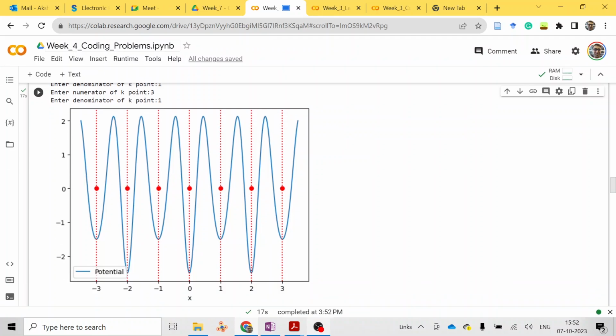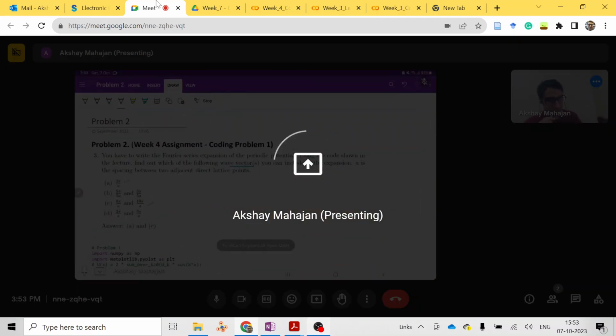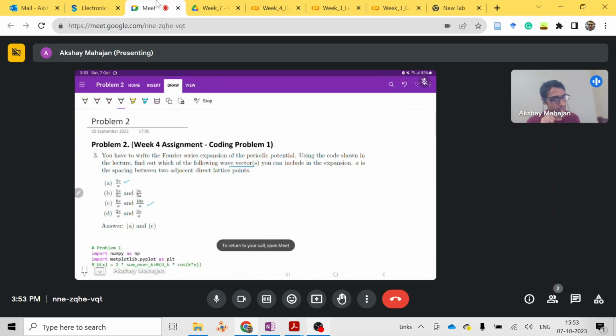Right, let me just stop sharing this. Alright, so we have seen that D option didn't work for us, B option didn't work for us, A worked quite well, and for C we saw there were many lines between each of the lattice points, but at each lattice point the potential was negative and it was periodic as well, so C option is also correct.